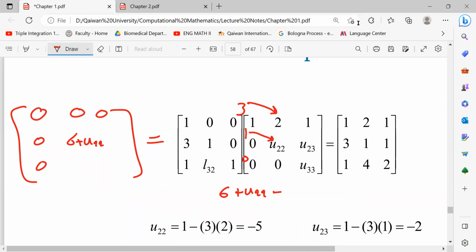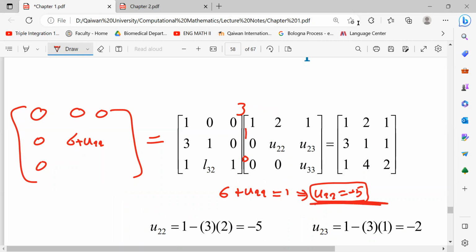If this equals 1, so U22 is -5. If we move this to the other side, you get -6, and you already have 1, so you get -5. This is U22.